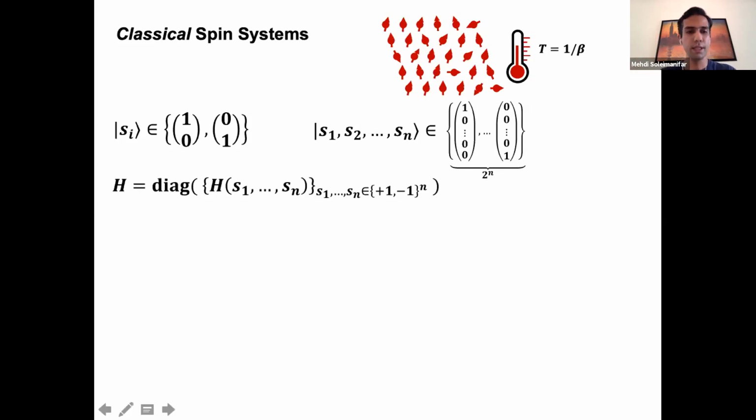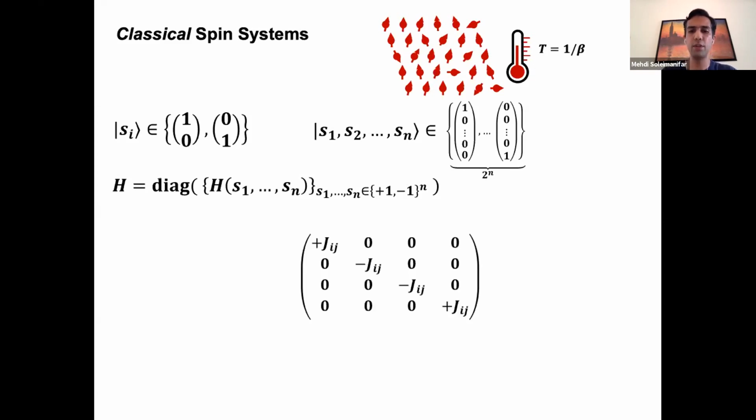One other thing that I do is put all these costs for different configurations on the diagonal entries of a matrix. So for example, if I have just 2 spins, then I form a diagonal matrix with all the possible weights that I would assign to these two spins.